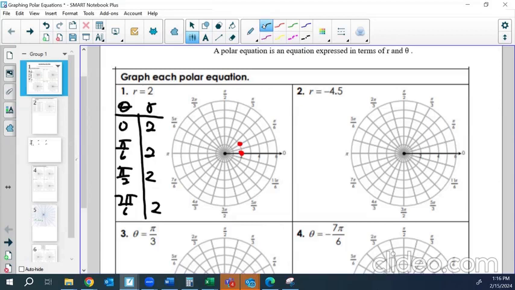When the angle is pi over 2, again, r is still 2. When the angle is 7 pi over 6, 2. So when I connect these dots now, what does it look like? A circle. So r equals a number is just a circle of that radius.